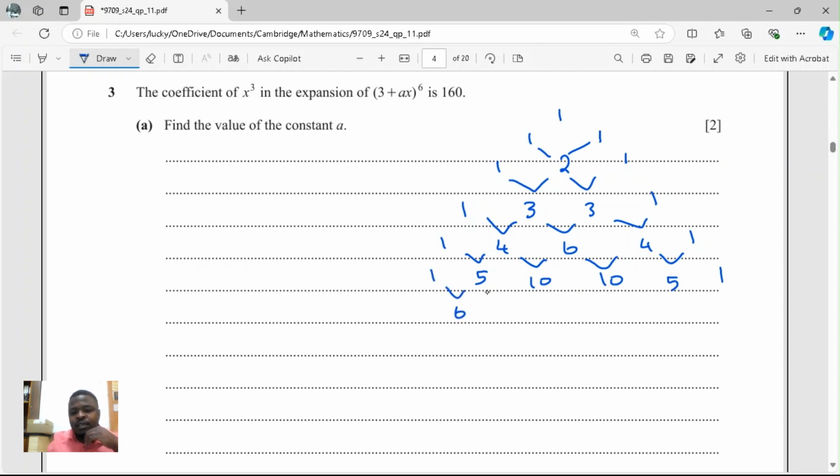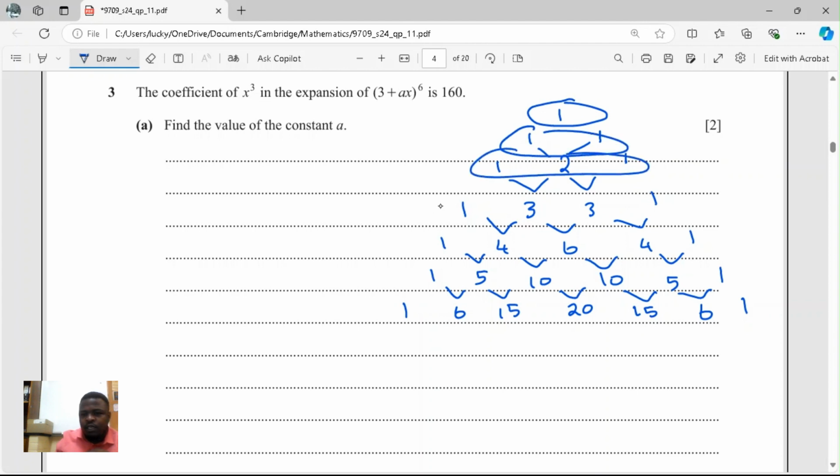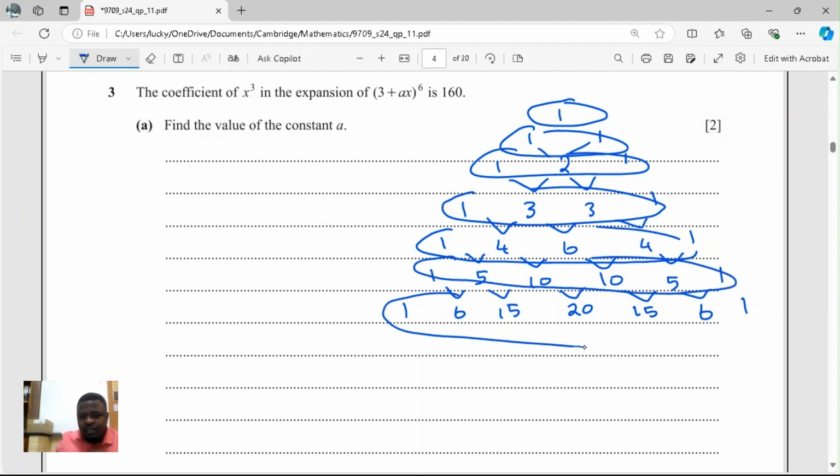Lastly, we get 6, 15, 20, 15, 6, then 1, 1. So we realize that we are in the sixth power, because zeroth power, first, second, third, fourth, fifth, and sixth. So these are the coefficients of our sixth power.